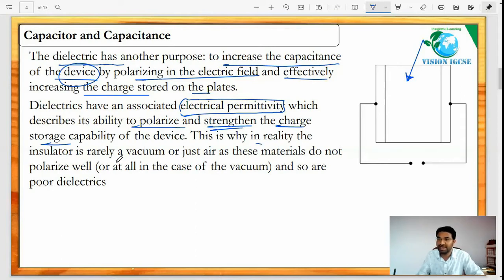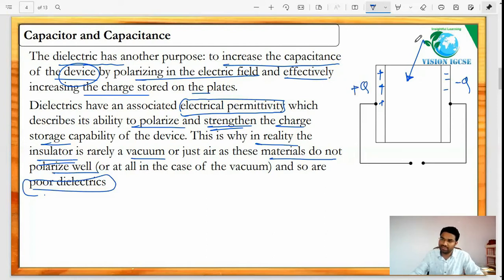In reality, vacuum and air do not polarize well, so they are poor dielectrics. Here the positive plate has positive Q and the negative plate has negative Q, with dielectric material between the two plates, and this dielectric material increases the capacitance of the device.